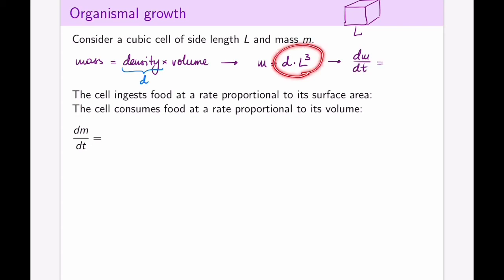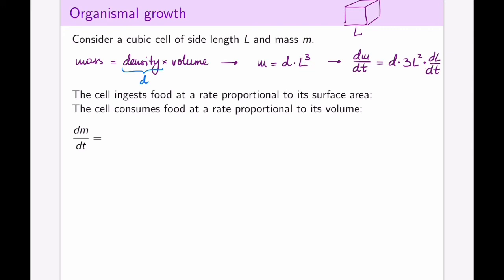On the right-hand side, if I take a derivative with respect to time, the density is a constant, so it will stay put, and then I have to take a derivative of L cubed. According to the chain rule, I first take the derivative of the outside function, which is the cube here, so 3L squared, and then I follow up with the derivative of the inside, which is L itself, which will change with time, so this will be followed by dL/dt.